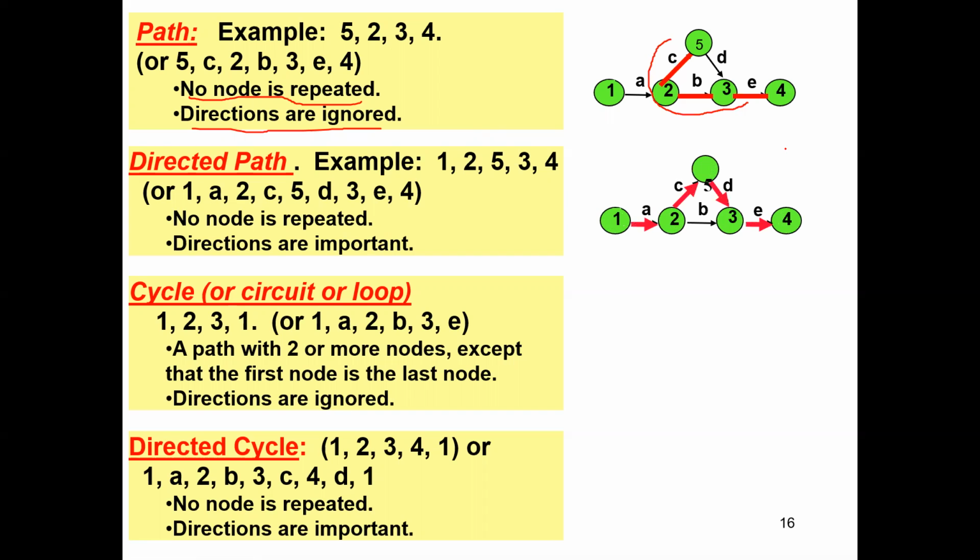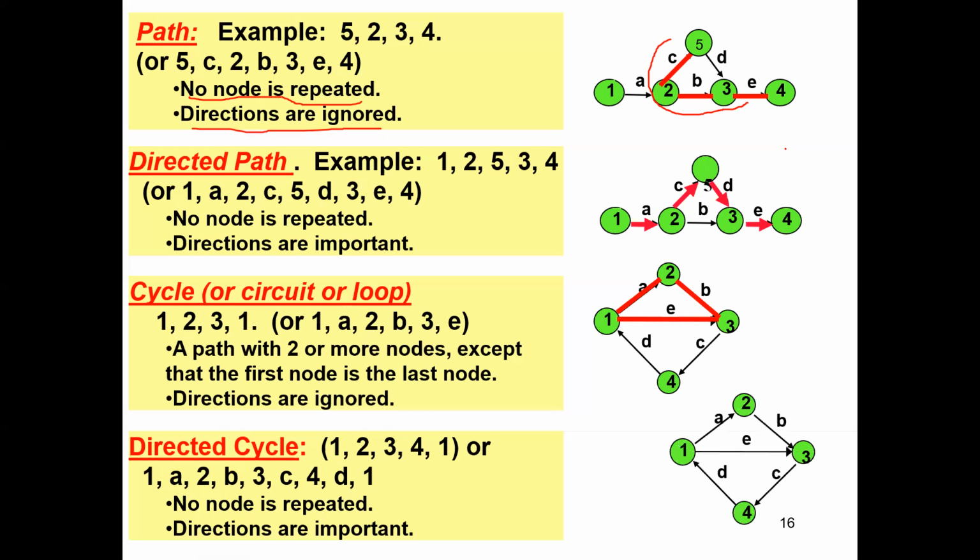A cycle is a path with 2 or more nodes, except that the first node is the last node. So you have to close that cycle or loop. This could be a cycle. Again, you start with 1 and you end also in 1.